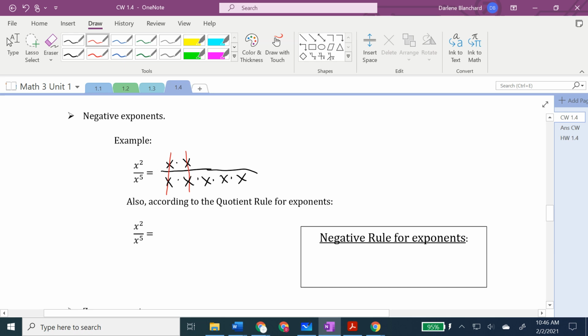But if you cancel something out, you still have a times 1 sitting around. The quotient rule we just learned says subtract the exponents, 2 minus 5.